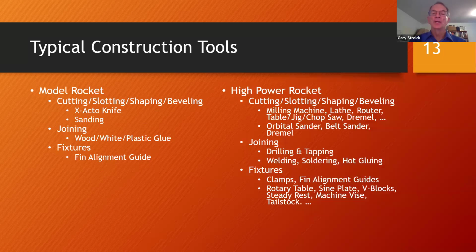Joining pieces together, you may need to drill and tap holes into components so that you can screw machine bolts into them. You may have to use some other types of glues.